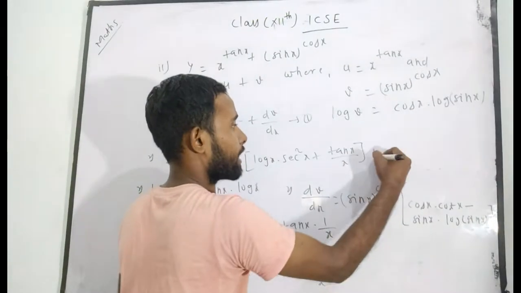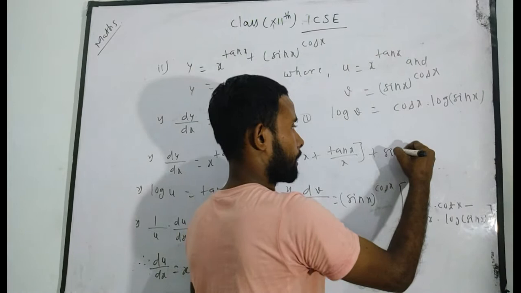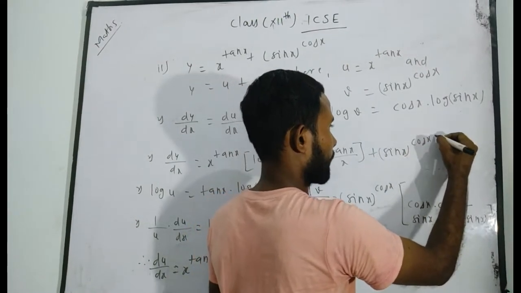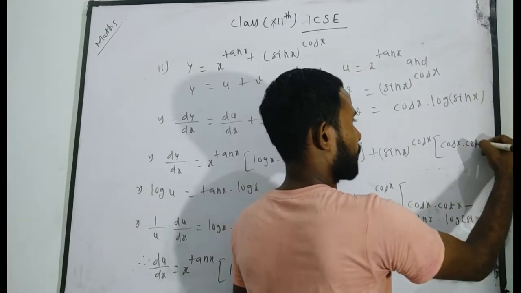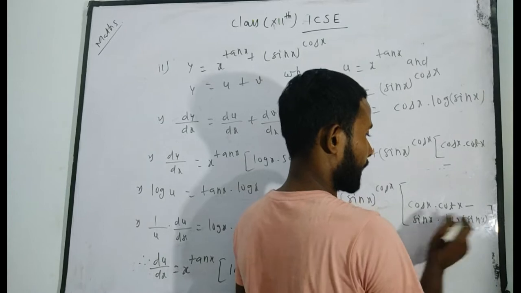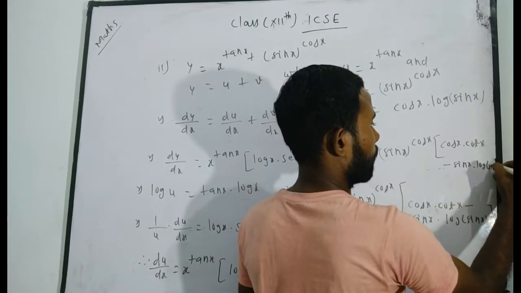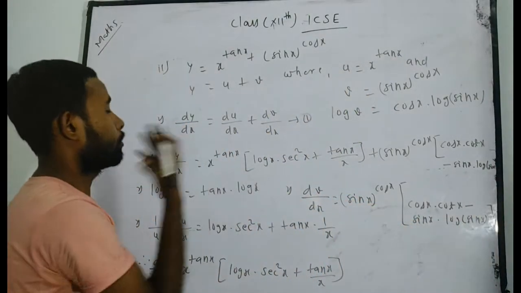This is your du/dx. Plus now you have to take care of dv/dx, which will be sin x whole to the power cos x into the bracket of cos x into cot x minus sin x into log sin x. This is the correct answer for this question.